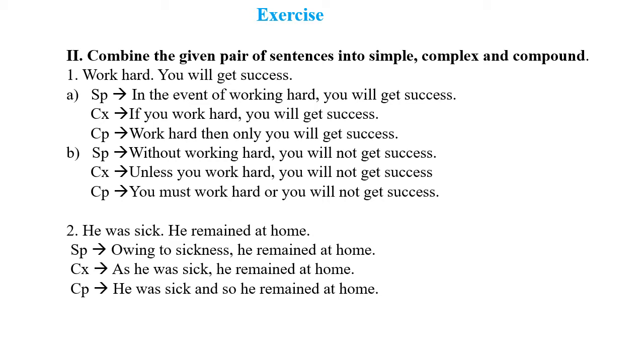For complex, the two sentences as in the question, we can keep them as it is. Put only as the subordinating conjunction before to make it a complex sentence. As he was sick, he remained at home. For compound, we have to remove as and put the conjunction and so. We'll get the compound sentence. He was sick and so he remained at home.